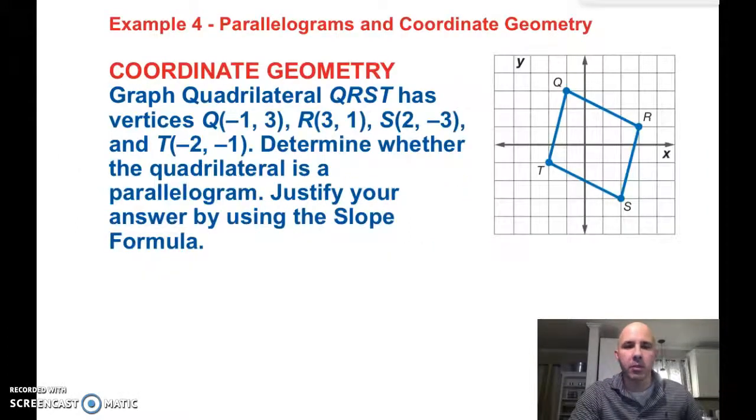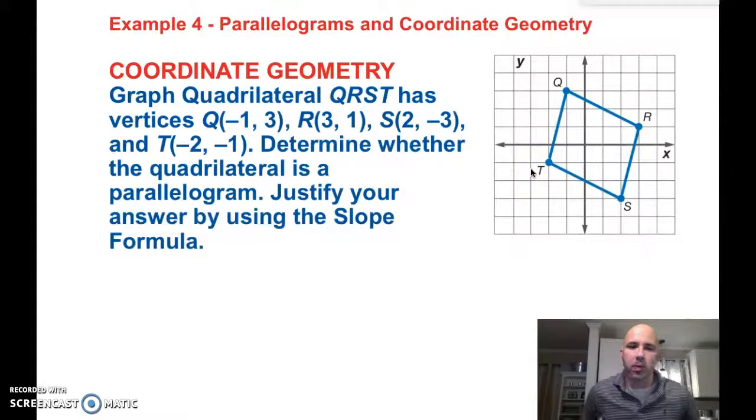All right, this is example 4, benchmark number 26, parallelograms and coordinate geometry. So for this particular problem, you have to graph quadrilateral QRST, and it has vertices Q, which is -1, 3, R, which is 3, 1, S, which is 2, -3, and T, -2, -1.